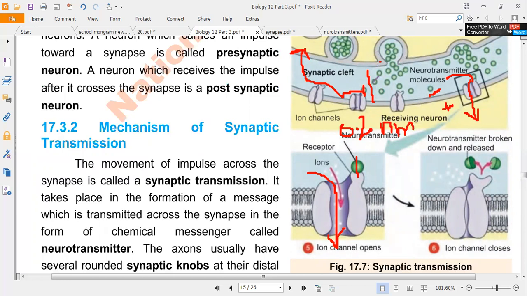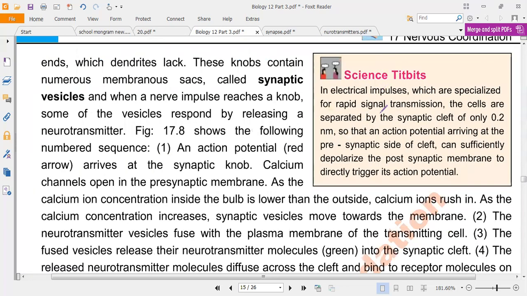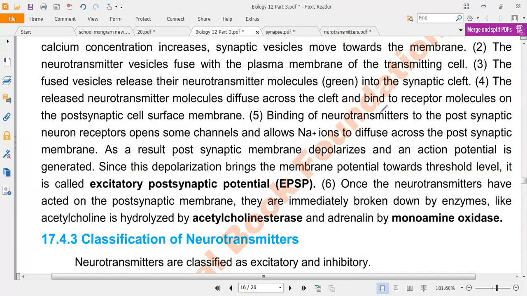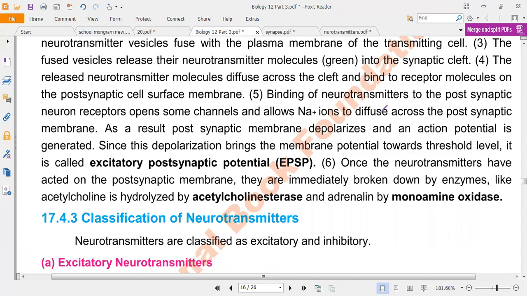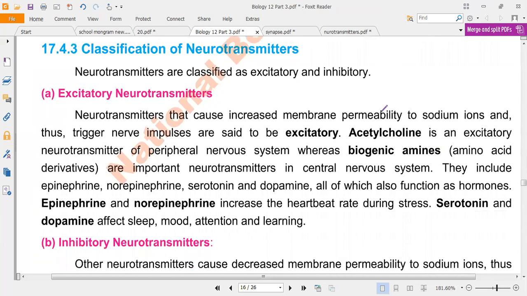So that is a very small junction here, so that the nerve impulse can conduct more rapidly to the next post-synaptic membrane. Like that, the impulse, or that action potential, is transferred from one neuron to another, and then it reaches the brain or any effector.